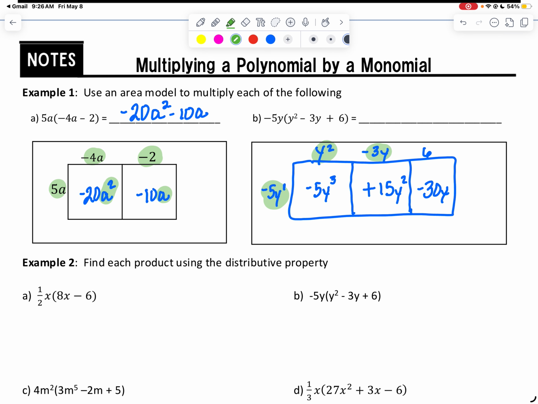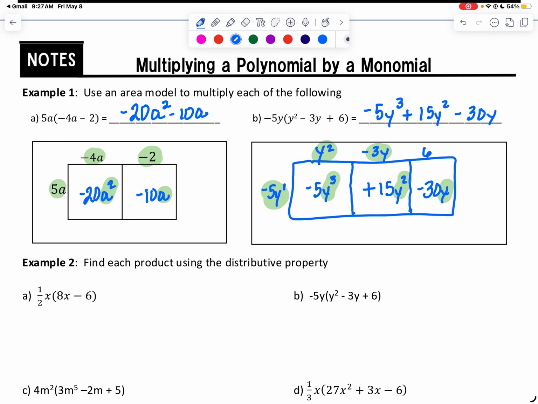This is a 3 power, this is a 2 power, and this is a 1 power. Because all the powers are different, I cannot combine any of them. So my final answer would be negative 5y to the 3 power plus 15y to the 2 power minus 30y.